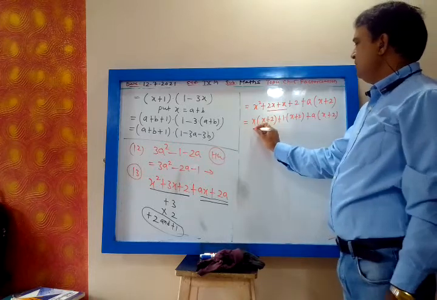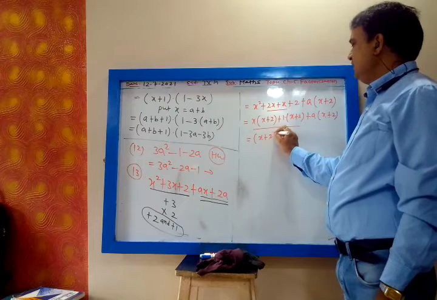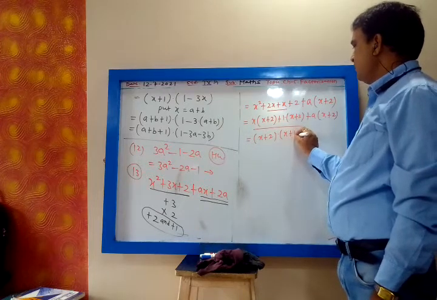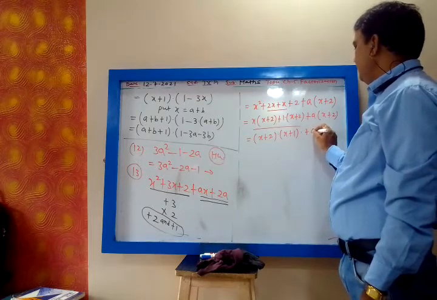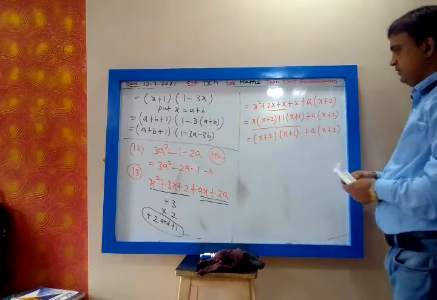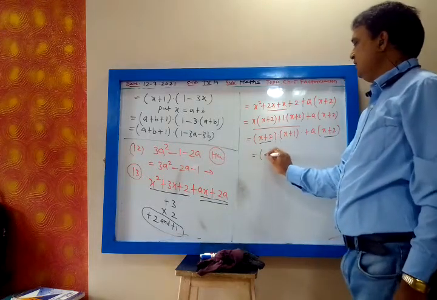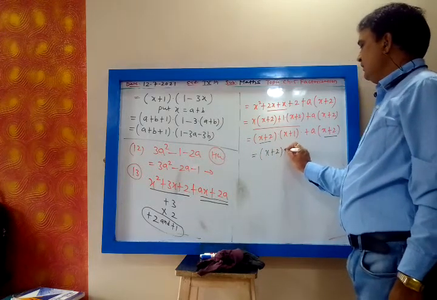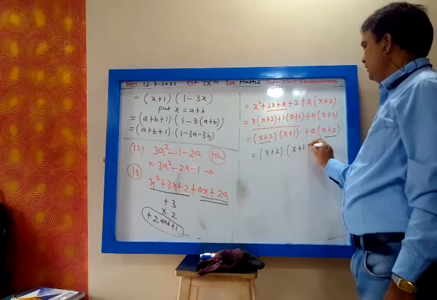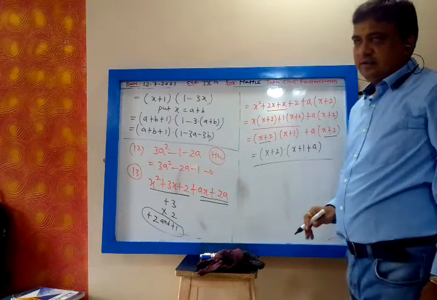So x plus 2 is common. So that is x plus 2 into x plus 1 plus a. This is the answer. Got it?